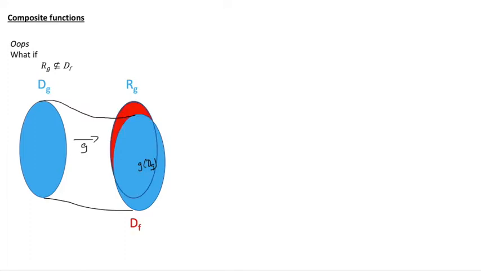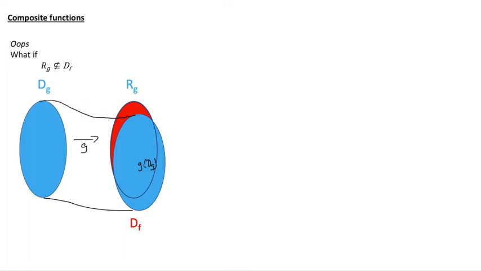Now we'll introduce the domain of F, and as it says at the top, the range of G is not included. That's what that symbol means, not part of, not included in the domain of F. So there are parts of G which are outside.